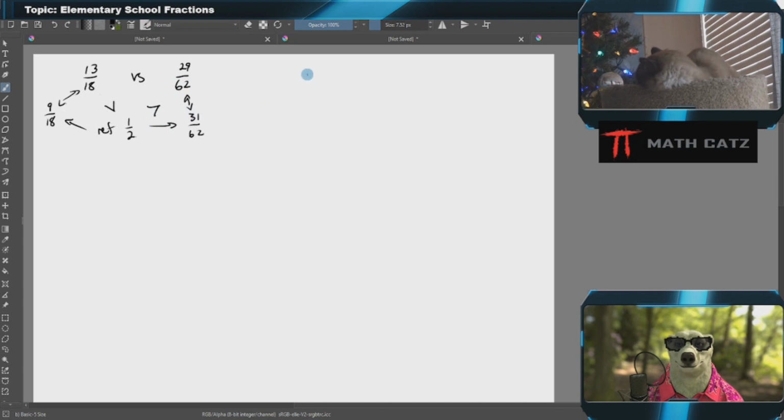So I've made the little chain here, I'll do it the other way around, from smaller to larger, that 29 over 62 sits on the lower side of a half, but 13 over 18 sits on the higher side.